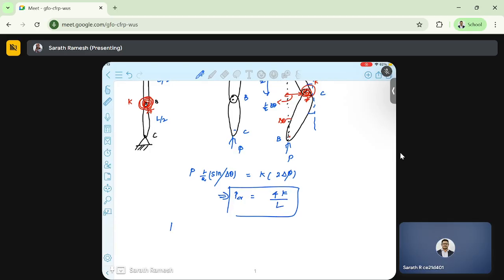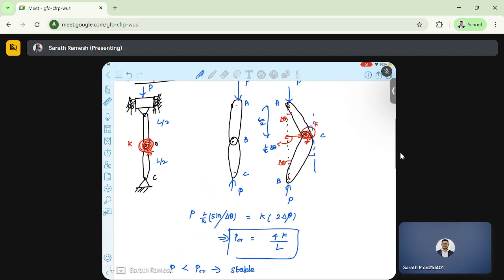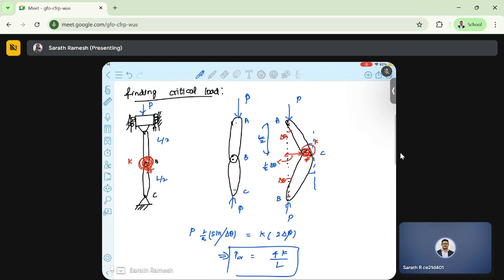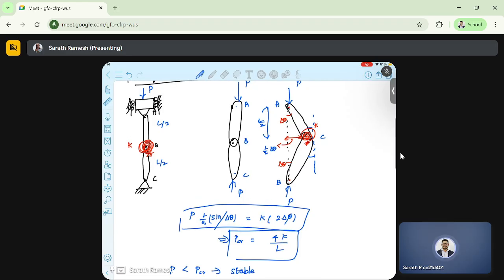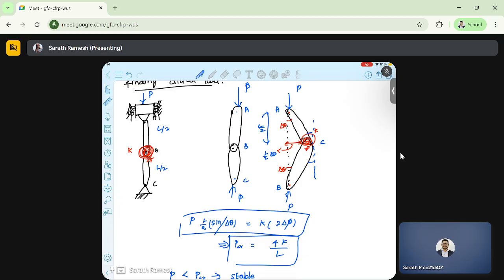Now, if P is less than P critical, it will be in stable equilibrium. If P is greater than P critical, it goes to unstable. This threshold value we call the critical load. I hope you can understand how we wrote this equation. This is simply the external moment and the internal induced moment, the moment equilibrium.